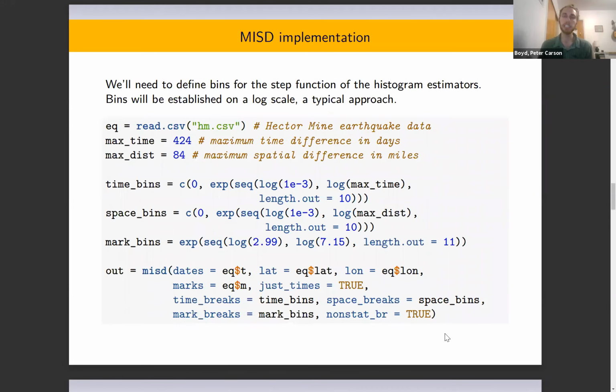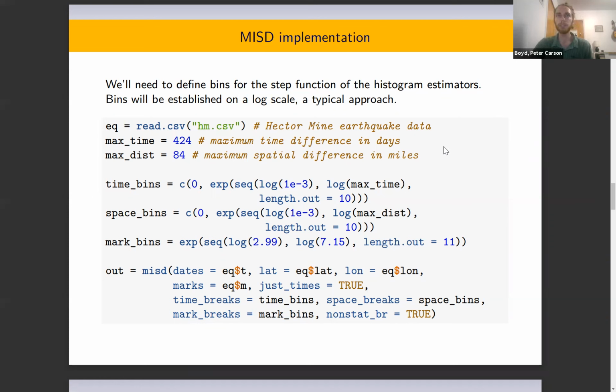Okay, so to actually implement this MISD algorithm within the nphawkes package, we're again going to use this Hector Mine earthquake data. A lot of the MISD algorithm is based on these bins that go into the triggering function. This triggering function is displayed as a step function and is plotted as a histogram, a probability weighted histogram estimator, which you'll see in a couple of slides here.